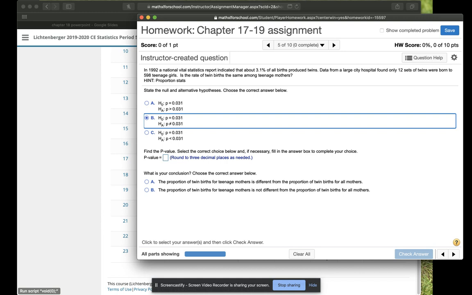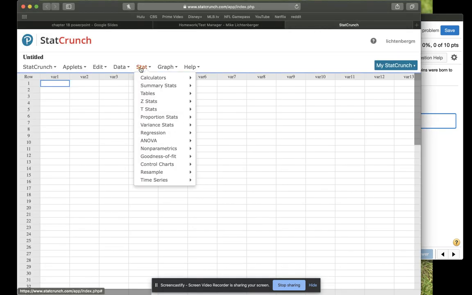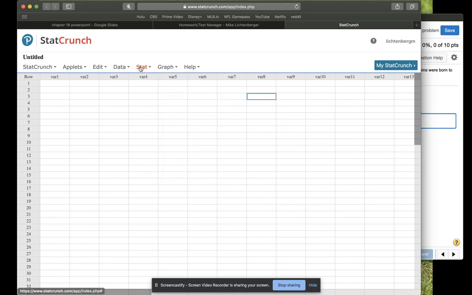Find the p-value. Select the correct choice below, and if necessary, fill in the answer box to complete your choice. So let's go to StatCrunch. Again, we're going to go Stat, Proportion Stats, One Sample, With Summary.